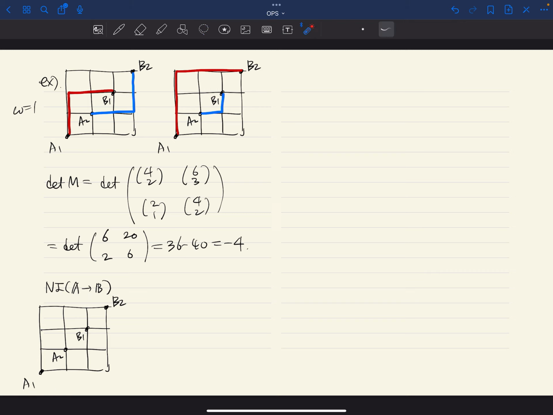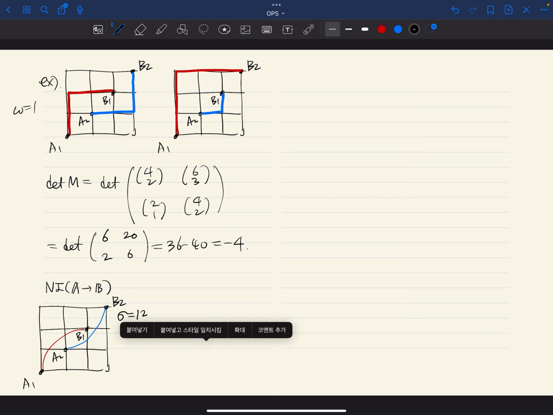But imagine that this goes to this, and this goes to this. You have to avoid this. If you go this way, this is the only way. And also, if you go the other way, this is the only way. So in this case, there are 2. If sigma equals 1, 2, the identity, then the number of paths is 2.